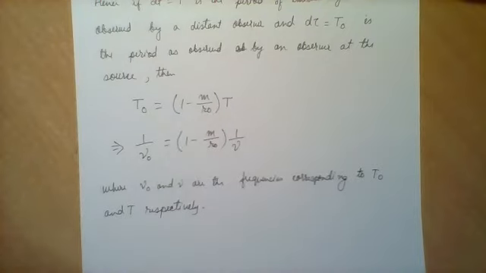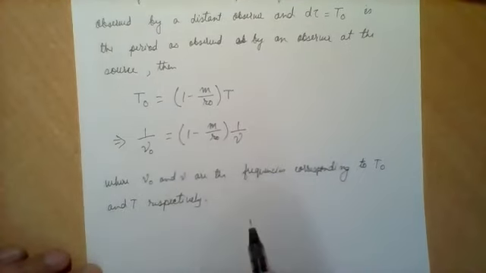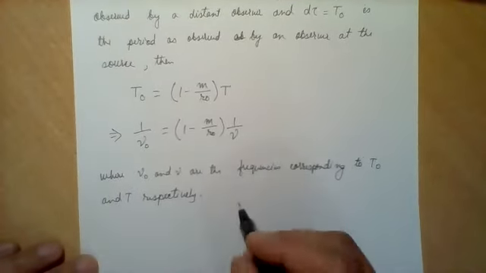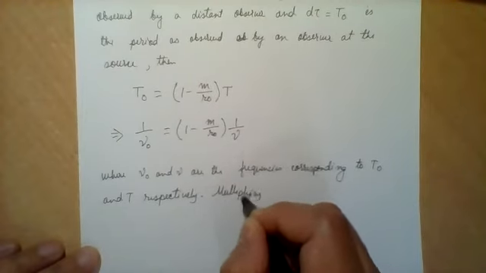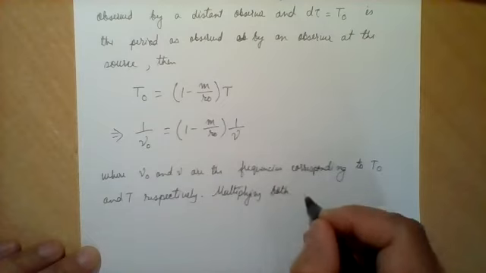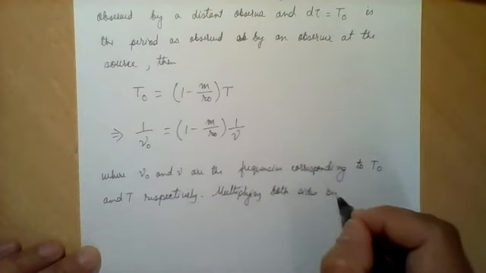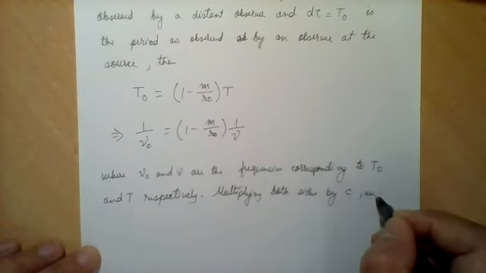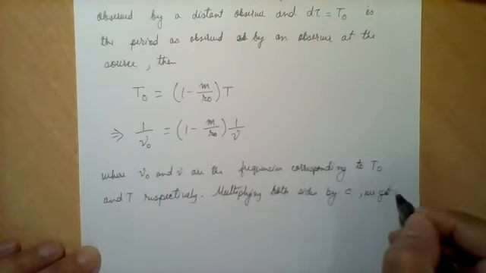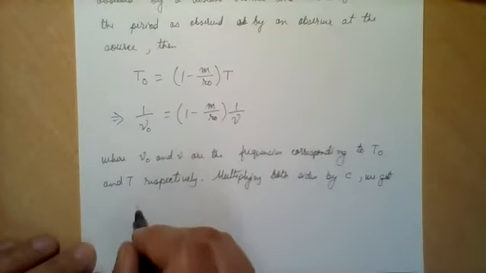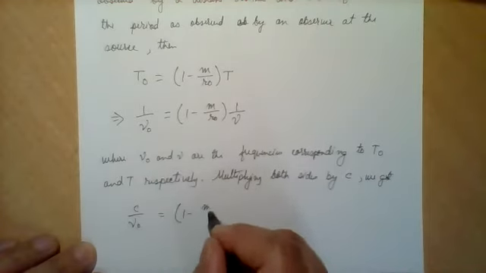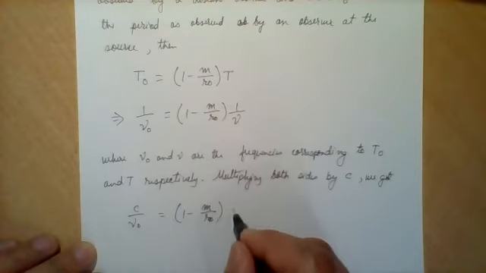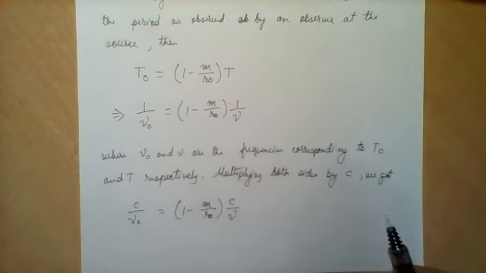Okay. Next, what should we do? We multiply both sides by c, the speed of light in vacuum. So we get c by nu0 is equal to 1 minus m by r0 times c by nu.